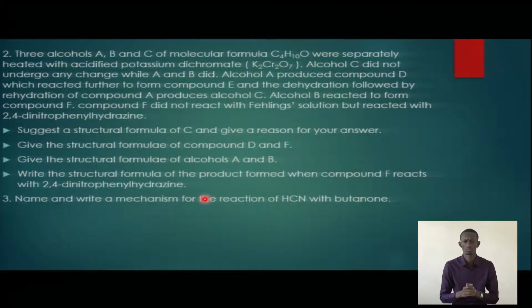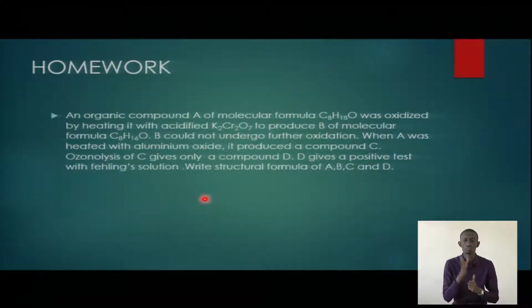And as we are approaching the end of this lesson, let me go to the homework that you will also try and explain what you have to do. An organic compound A, of molecular formula C8H18O, was oxidized by heating it with acidified potassium dichromate to produce B of molecular formula this one.